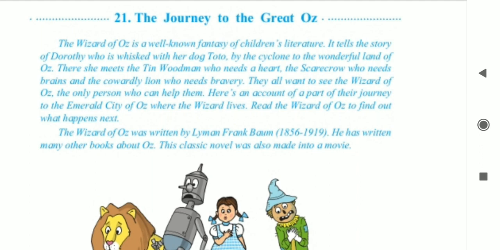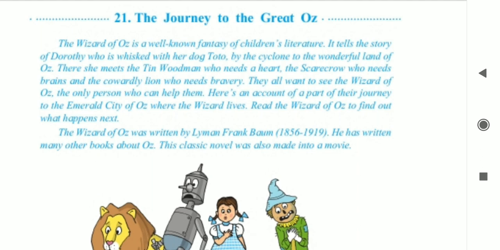So, this part of the lesson only consists of a certain part of the story. If you want to read the entire story, you have to read the entire book of The Wizard of Oz. The Wizard of Oz was written by Lyman Frank Baum, 1856 to 1919. He has written many other books about Oz.